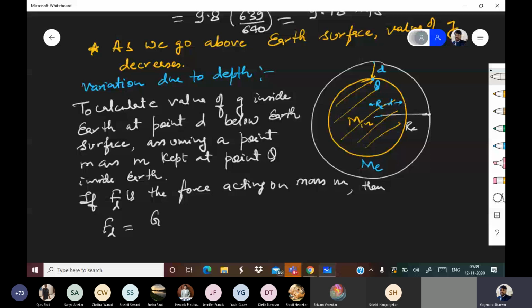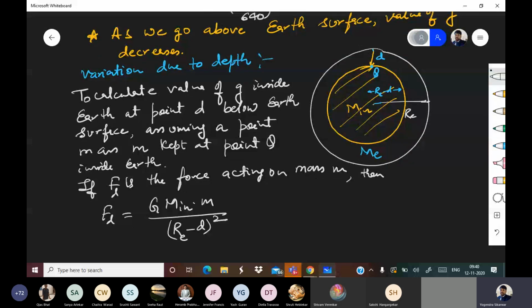Because only the mass which is inside the sphere, which sphere? The orange sphere. Only the mass inside the orange sphere is going to exert force on the point mass. The rest won't be exerting any force. So Fd will be G M in m upon (RE minus d) whole square.